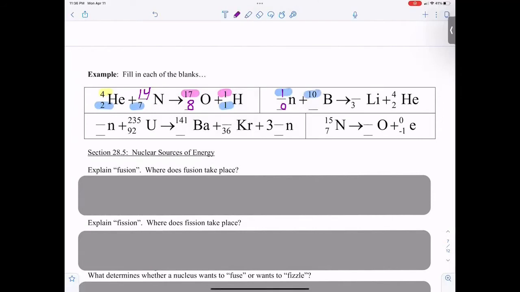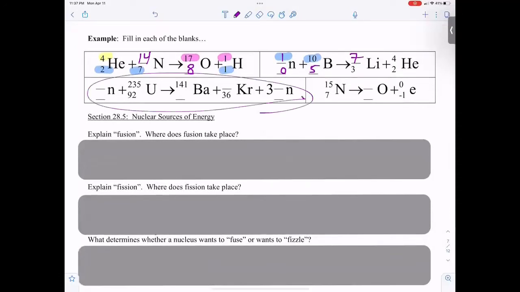That would be 11 mass units, and only 4 mass units for the alpha particle right here, He 4 2. But if this is going to be 11 and this is 4, you have 7 remaining mass units. 7 plus 4 is 11. 10 plus 1 is 11. Now if my atomic numbers add up to 5 and this is 0, then this has to be a 5 as well.